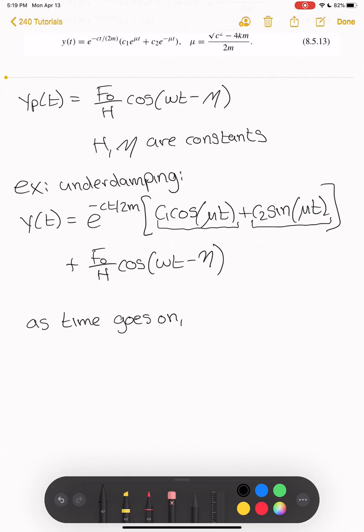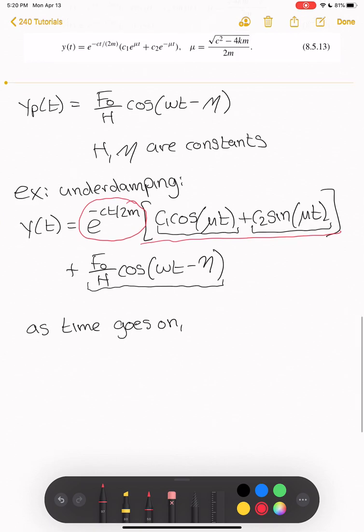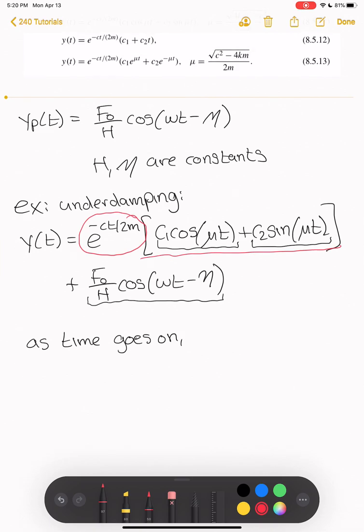This term here will be bounded by F naught over H. But we have this exponential term that's multiplying my complementary function. As time goes on, you'll see this negative sign, which means that this part is getting really, really small. So as time goes on, this disappears completely.